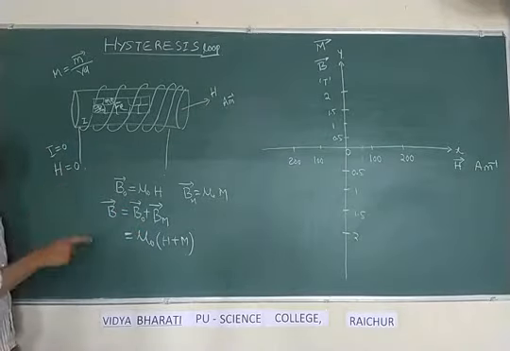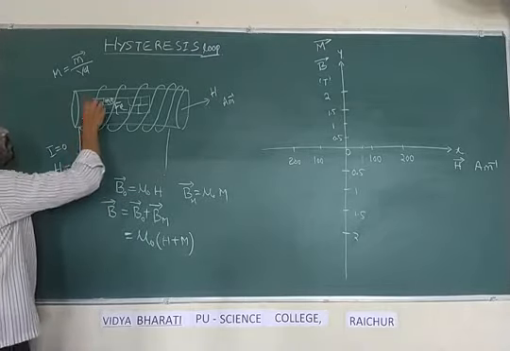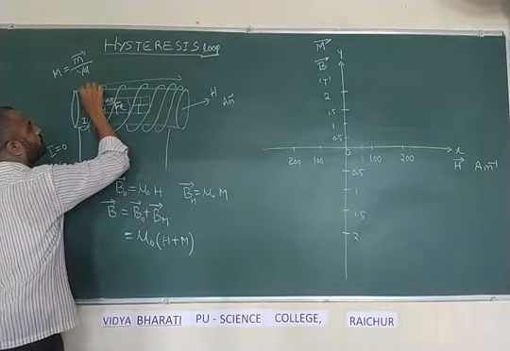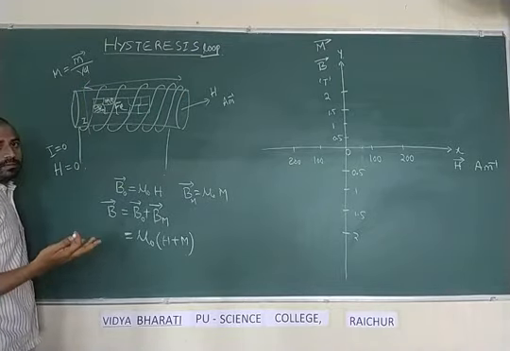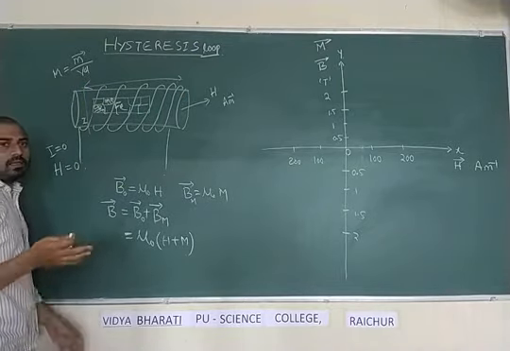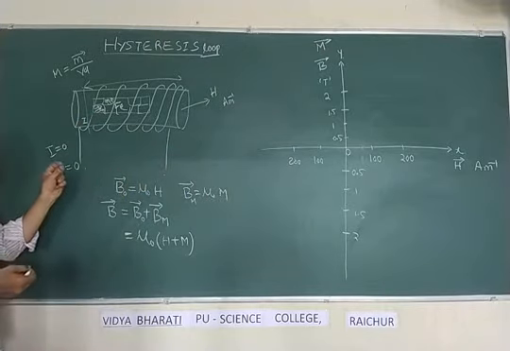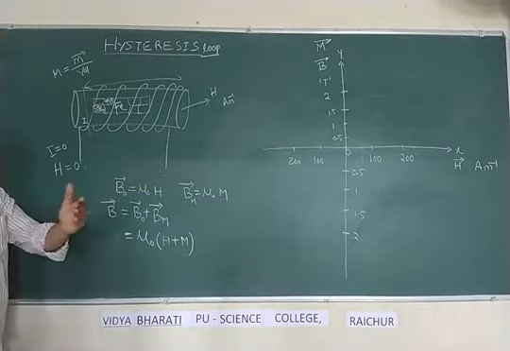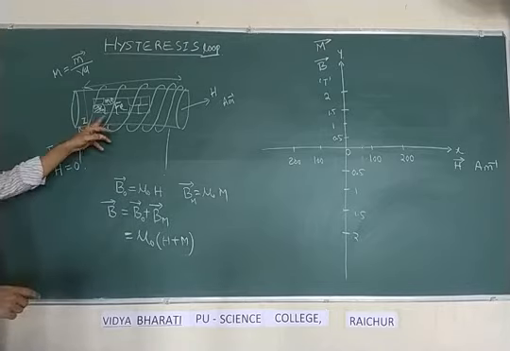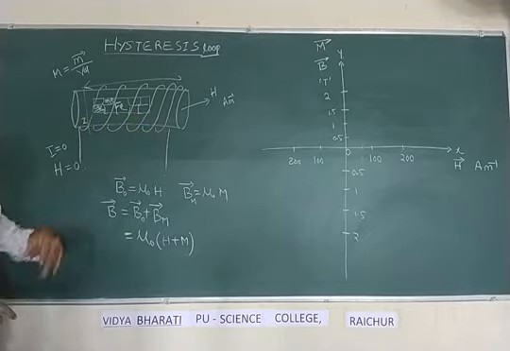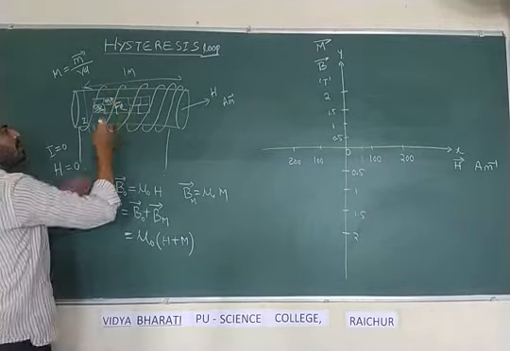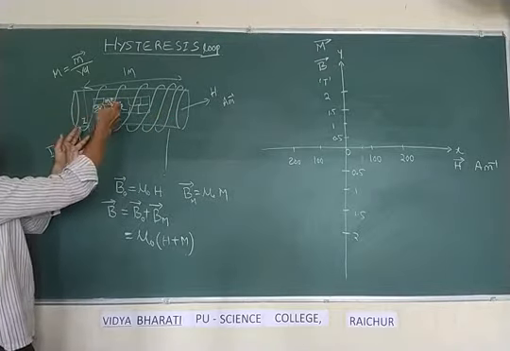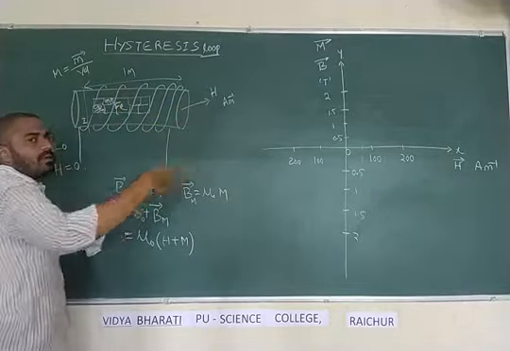See how we are taking that magnetizing field intensity, ampere per meter. Our solenoid might be of any length, either 10 centimeter or 1 meter or 10 meter. But how much field is produced per meter? In a 1 meter long solenoid, how much intensive field is produced? That is ampere per meter. Now if I go on increasing that ampere per meter, depending upon how much current is increased in the 1 meter long solenoid, H goes on increasing.